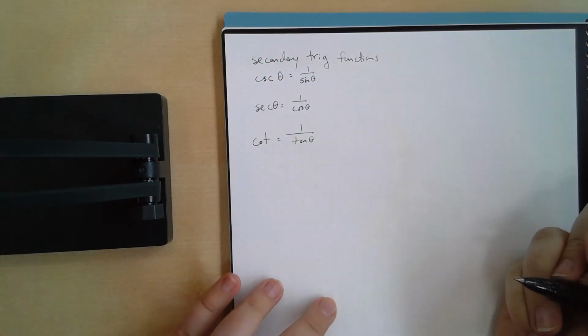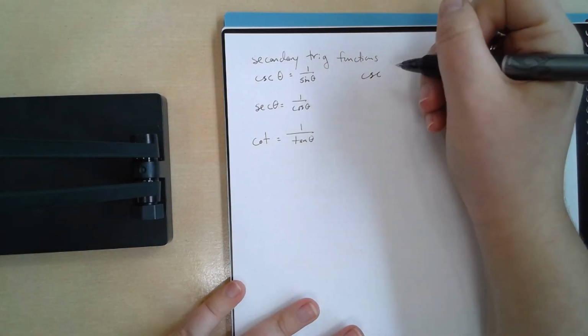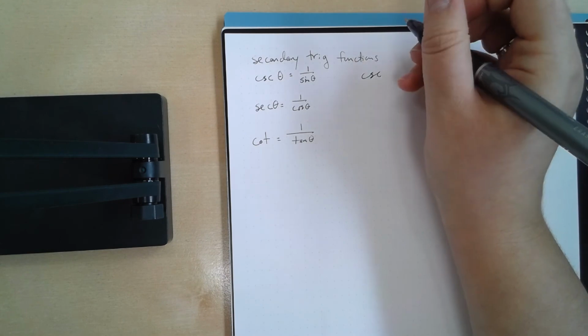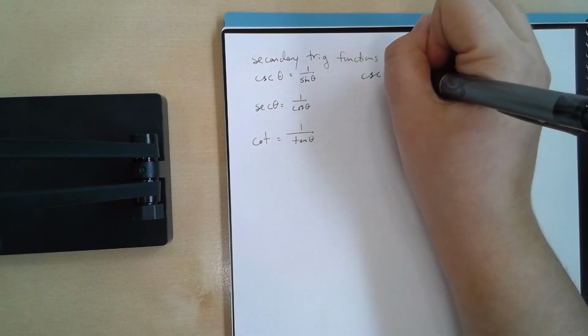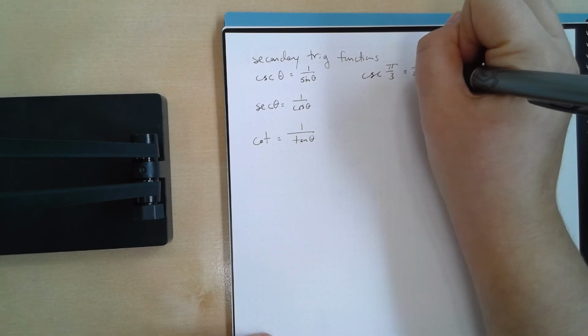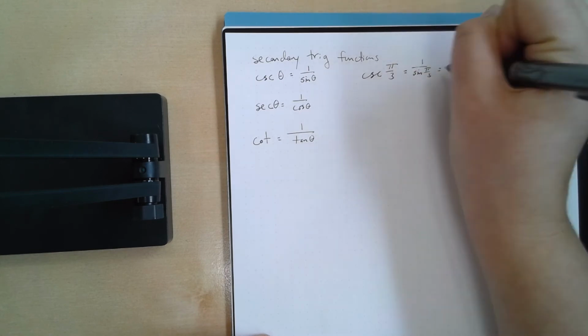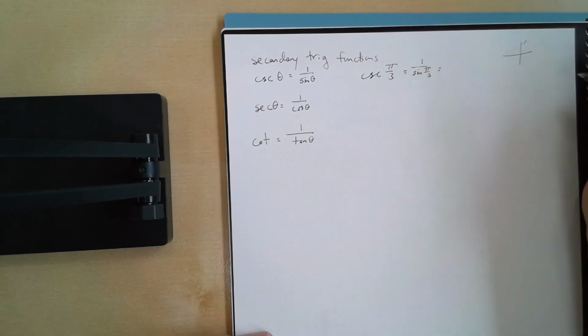Easy enough. So if we were asked to find cosecant of, let's say, pi over 3. Well, that's going to be equal to 1 over the sine of pi over 3. And sine of pi over 3, remember with our unit circle, pi over 3 is right here.